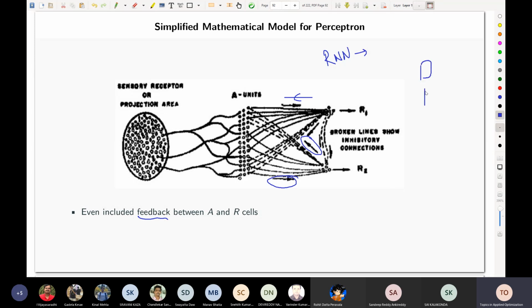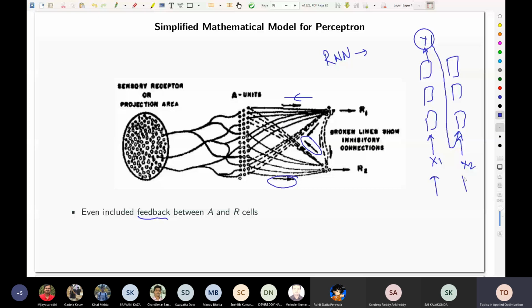In a recurrent neural network, there is an input and an output sequence: X1, and then Y1. In the next time step you have X2, but Y1 is also now taken as an input for the next time step. That's why it's called feedback: the output is fed back to the input of the same network.